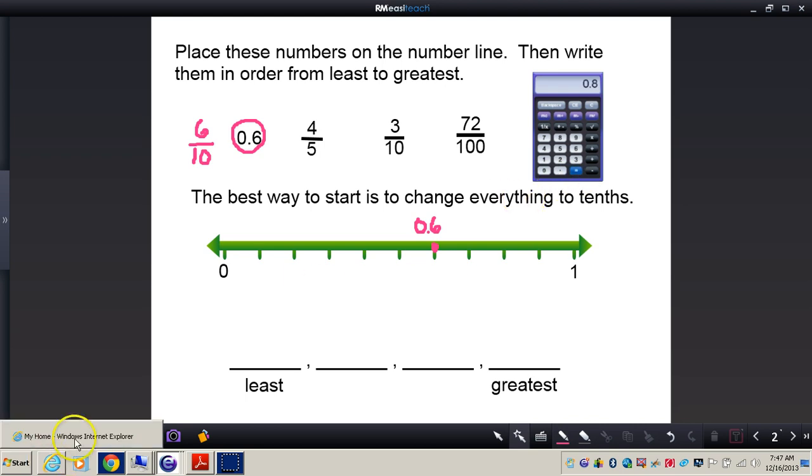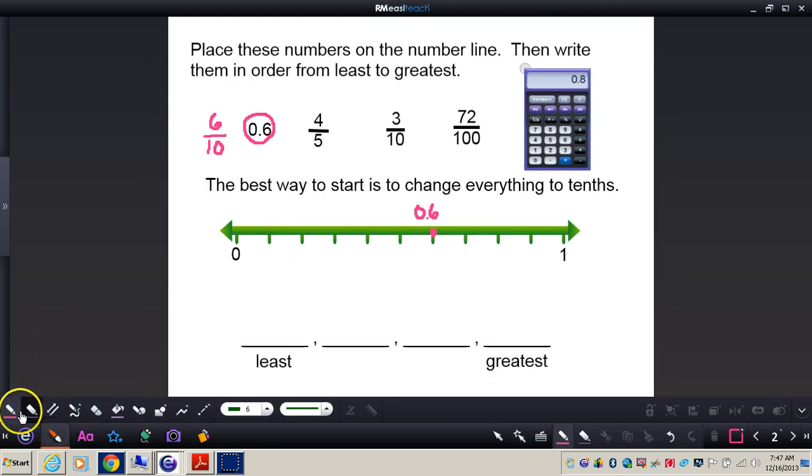So I know that 0.8 equals 8/10, so 4/5 equals 8/10. So I know this is 1/10, 2/10, 3/10, 4/10, 5/10, 6/10, 7/10, and this is going to be 8/10. But remember it was 4/5, so we're going to write it this way, 4 over 5.